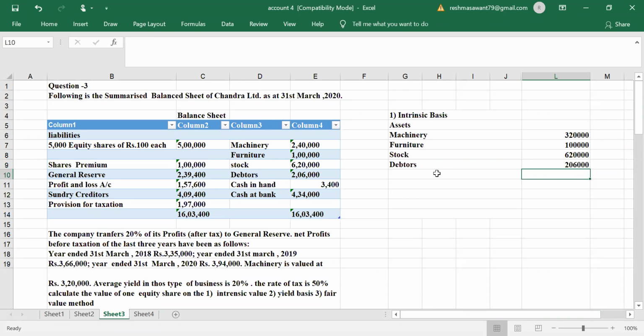Add cash. Cash in hand rupees 3,400. Cash at bank rupees 4,34,000.